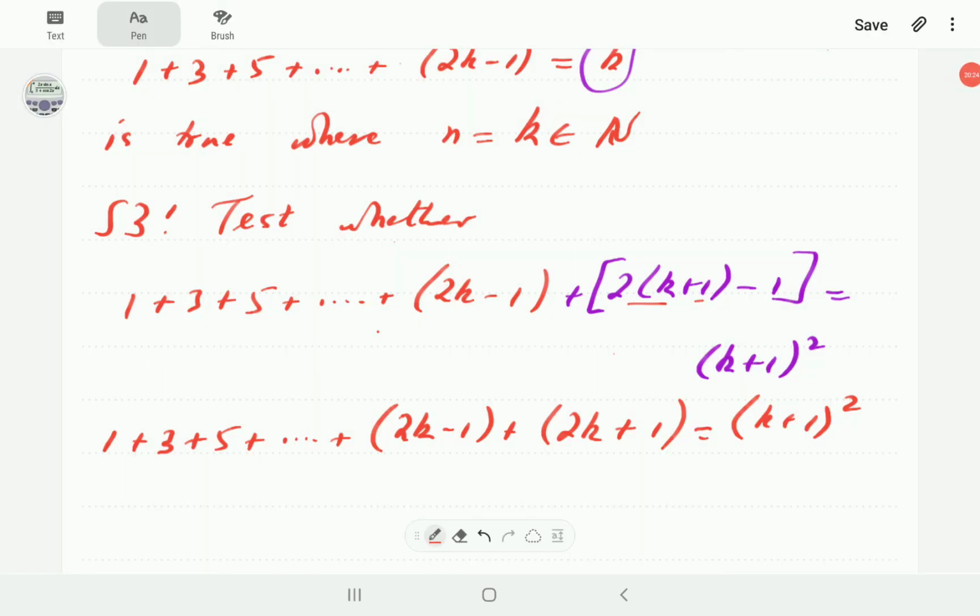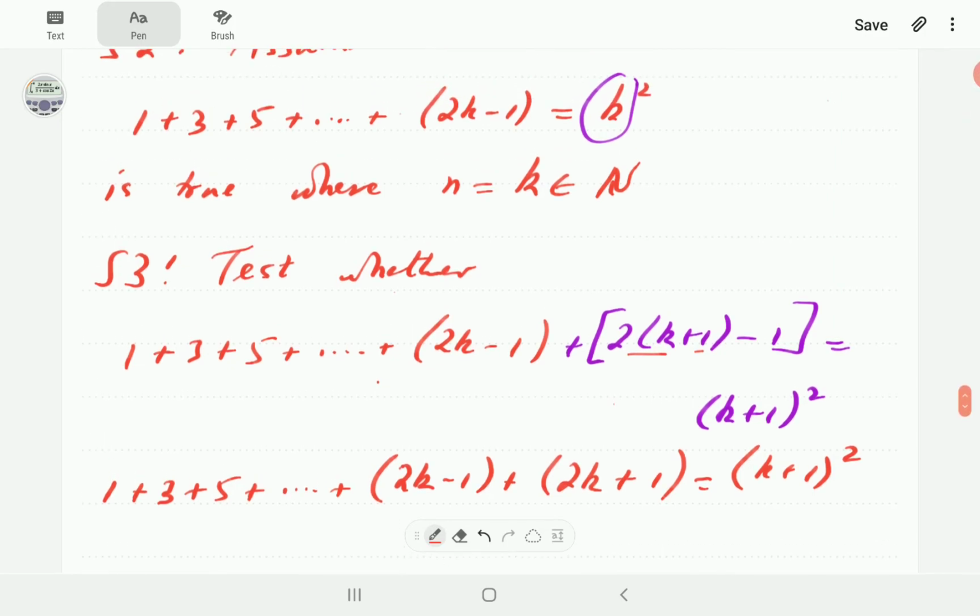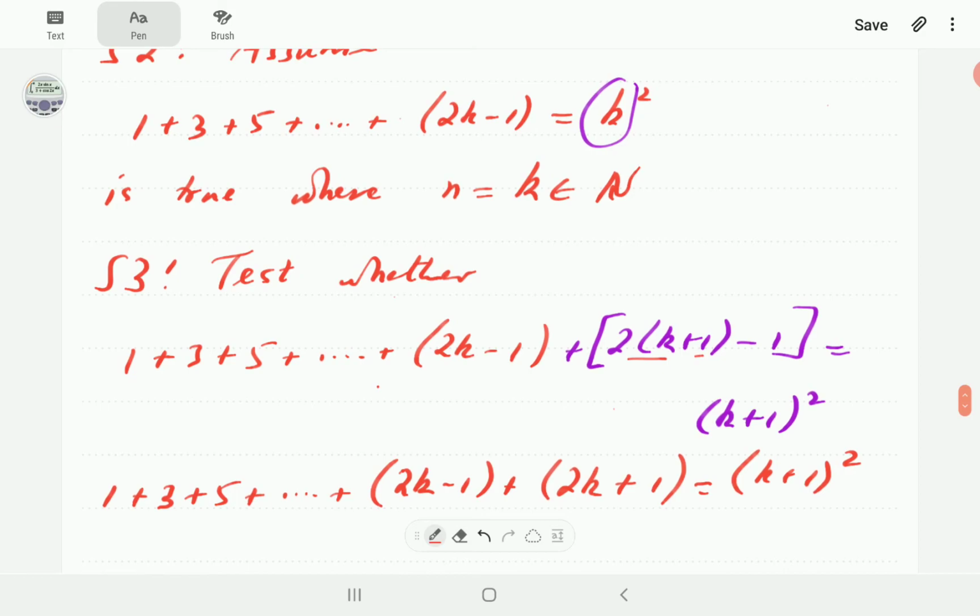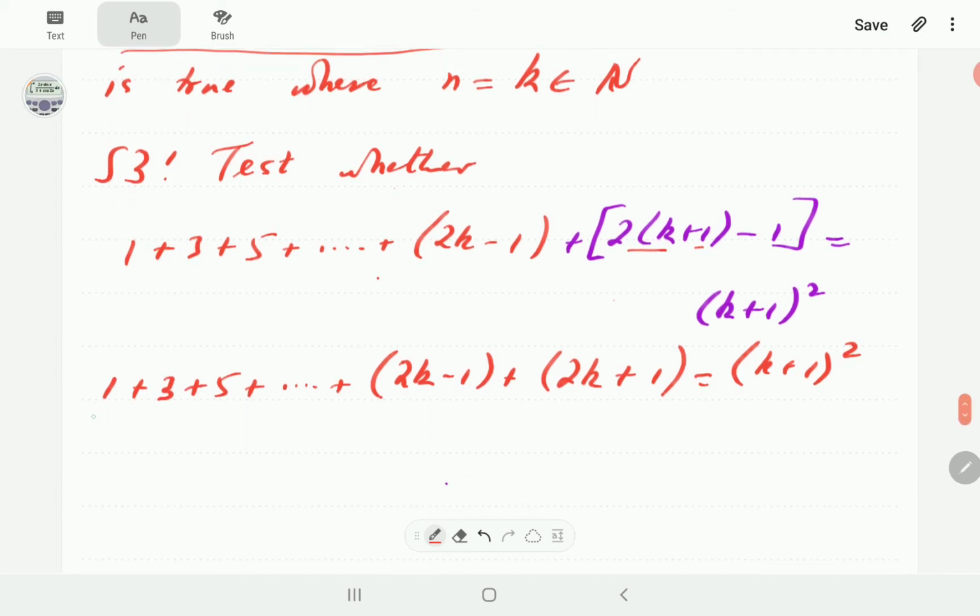Alright, so to prove this again, we've got to use step number 2. We can see from step number 2 that the terms up to here are equal to k squared.